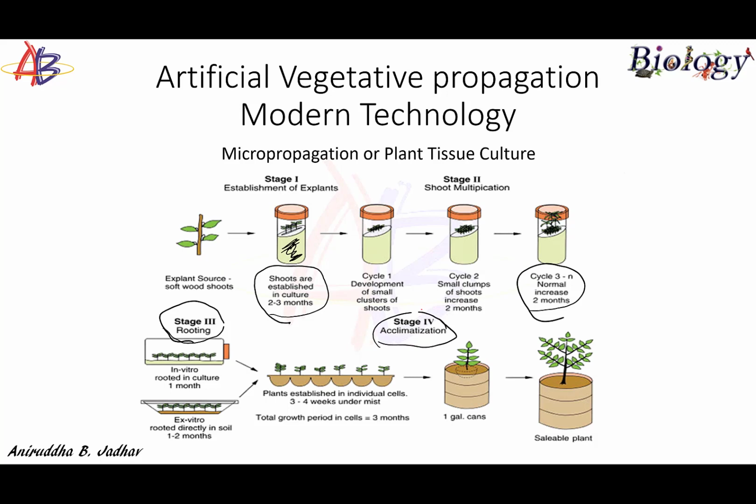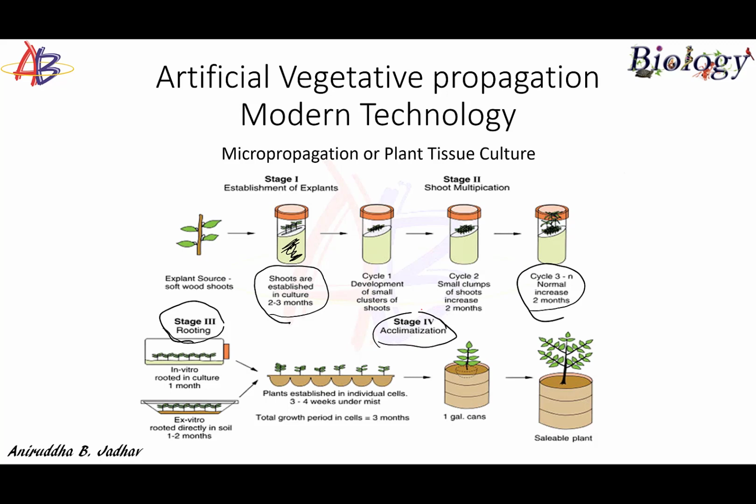This process is also referred to as the hardening process. Here the newly produced plantlets are shifted into greenhouses. In greenhouses also the conditions are quite controlled, but not as optimum as in the laboratory.